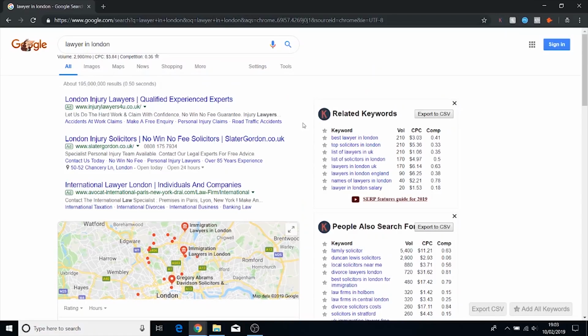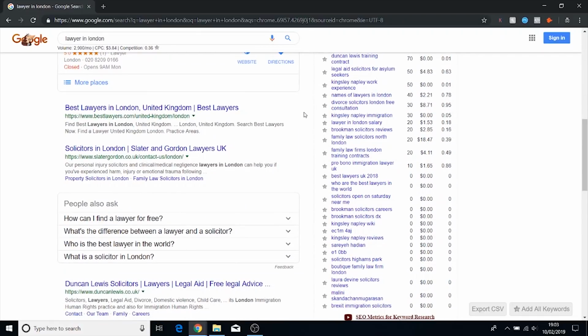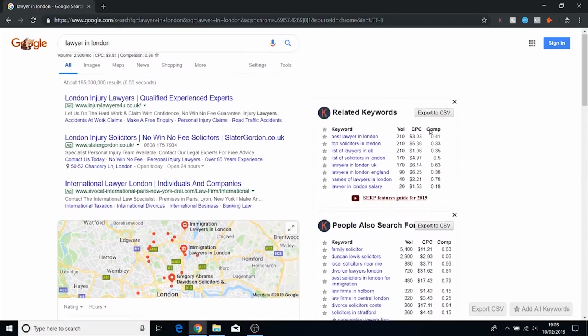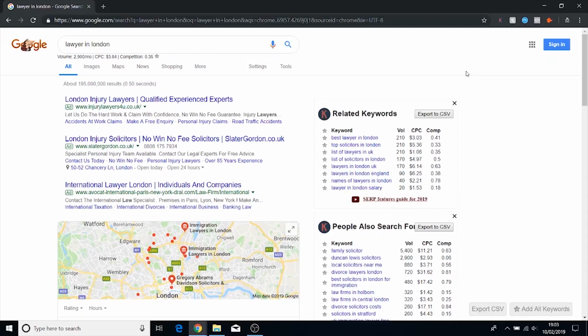Sure, it's not the most targeted, I know that, but it's still extremely profitable just because of the amount of search volume behind it. You're bound to get some cases out of this that are going to be extremely profitable for the law firm ranking in the top 5. So anyway, I think that was a really good example to start off with because it was a local example, but it was extremely competitive.